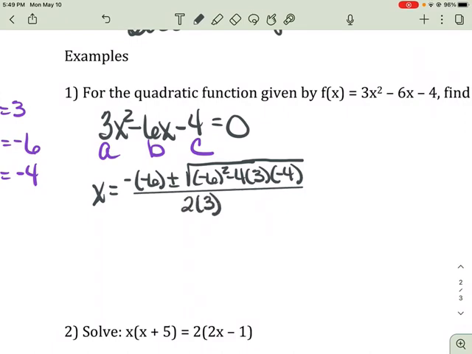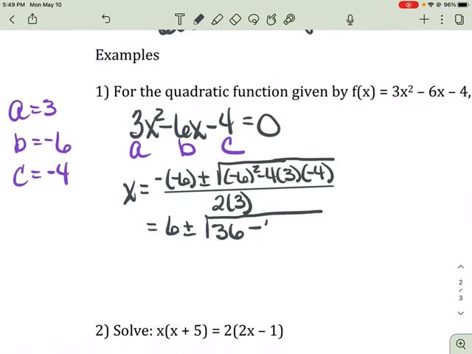This is equal to 6 plus or minus the square root of 36 minus, I believe this is negative 48, all over 6. So this is going to be plus, so 36 plus 48, 84.